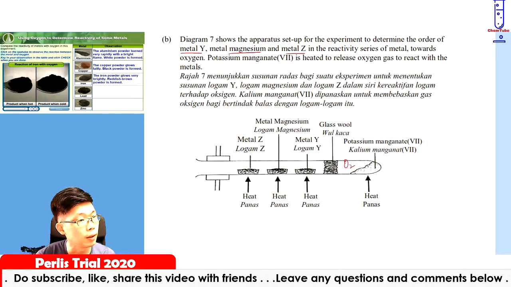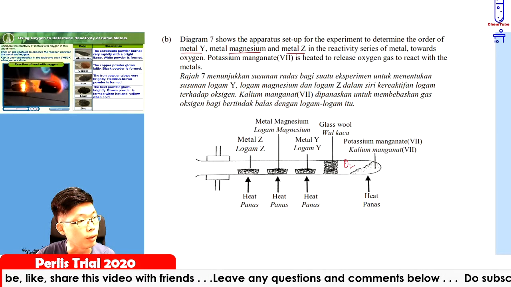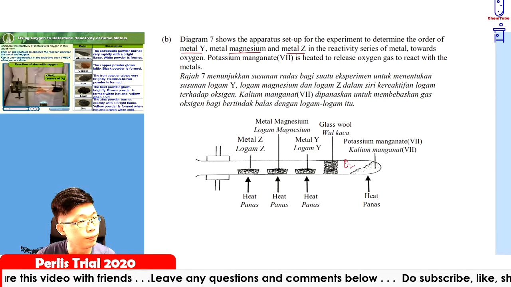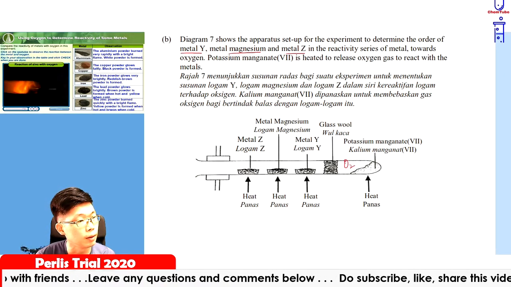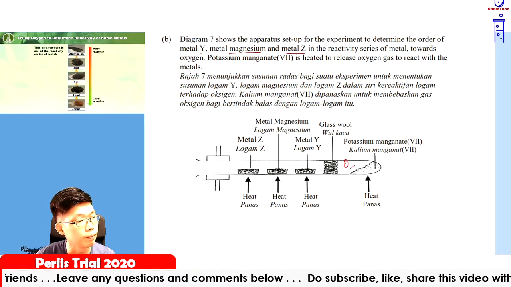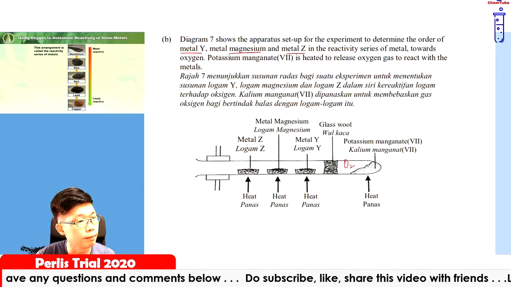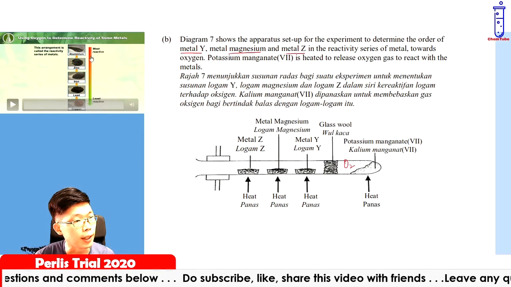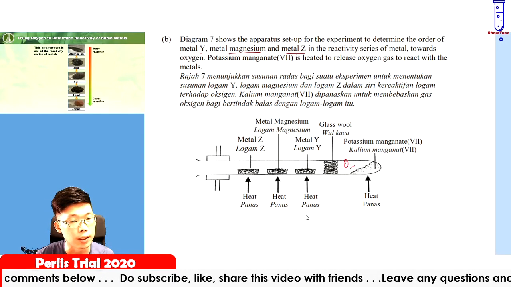This one is iron with oxygen. This is lead with oxygen. And this is zinc with oxygen. This arrangement is called the reactivity series. Based on the flame produced, we can arrange them into the reactivity series.